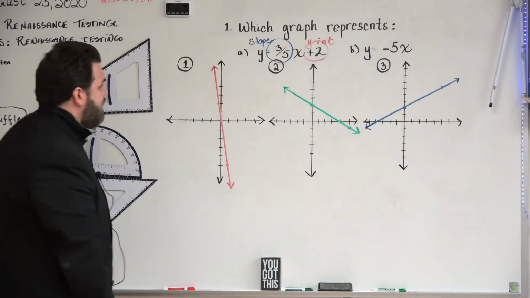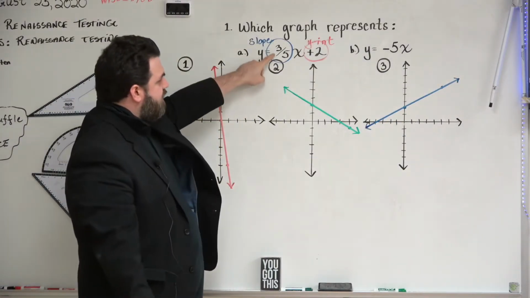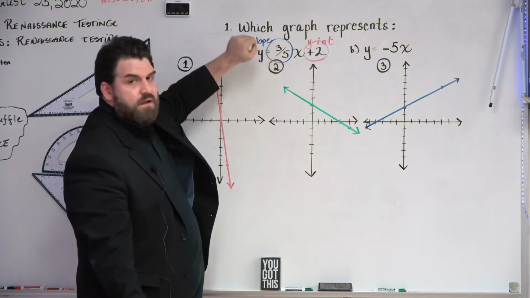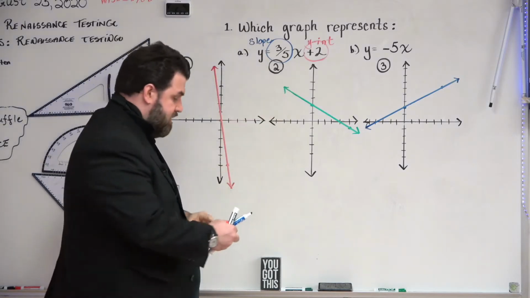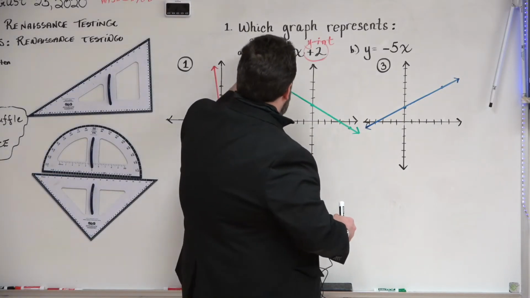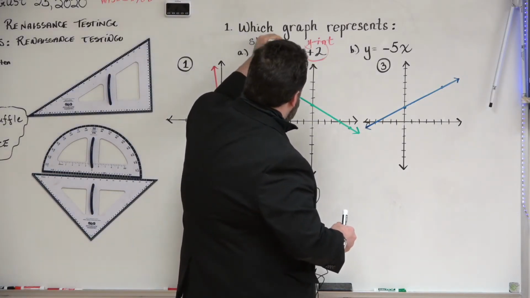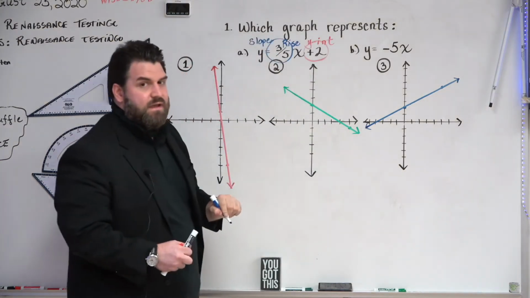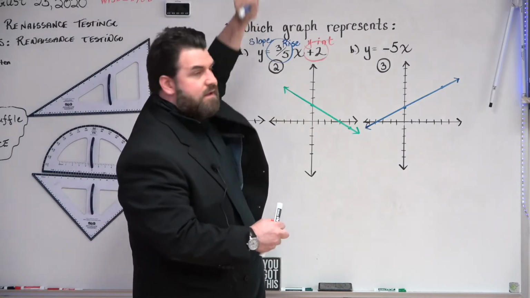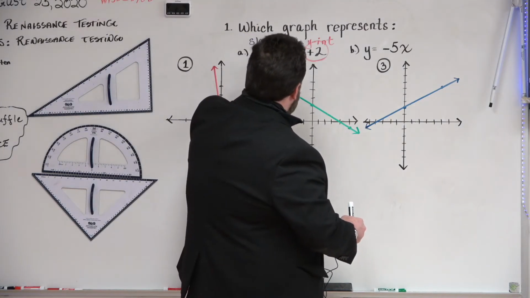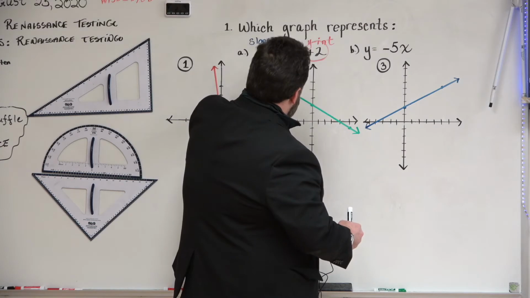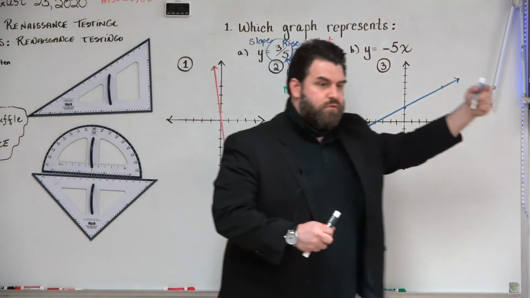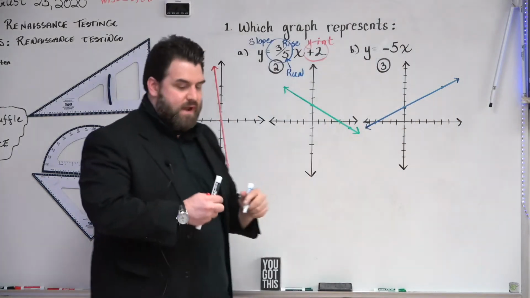Okay? Now, take a look at the numbers themselves. 3/5. That means that the graph rises 3, goes up 3, and runs 5. 1, 2, 3, 4, 5 to the right.